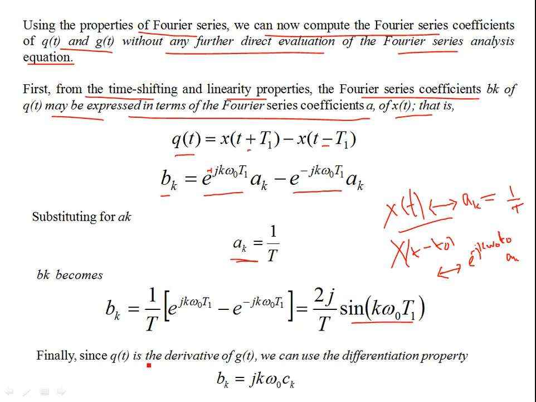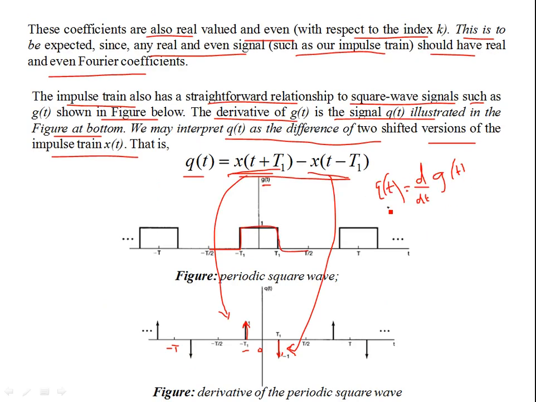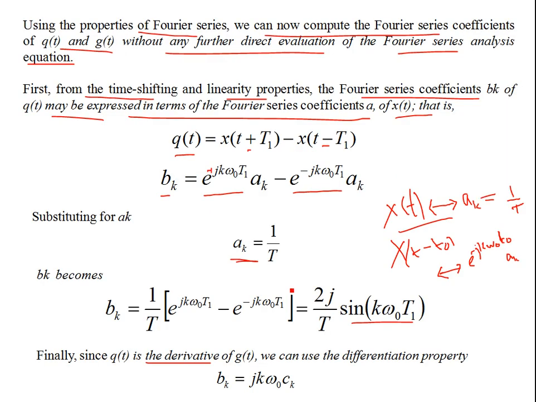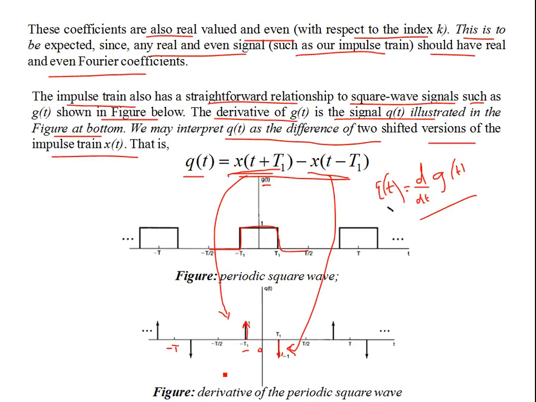So finally, q(t) also comes from the derivative. You should recall q(t) is the derivative of g(t). So we can use the differentiation property here. The b_k's are the Fourier series coefficients of q(t). So d/dt can be written as jk omega naught times whatever the Fourier coefficients are.